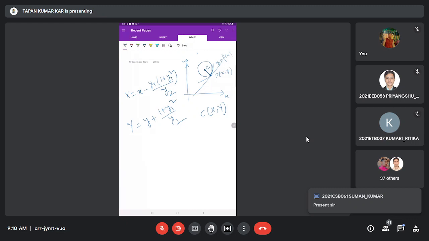This is the formula for the center of curvature, capital X and capital Y, for the curve y equal to f(x), where y1 equal to dy/dx and y2 equal to d square y/dx square.